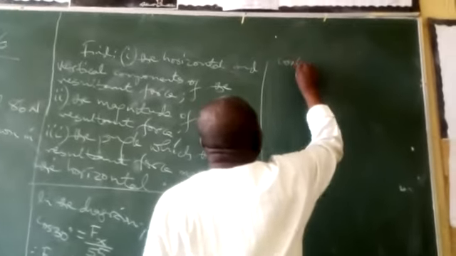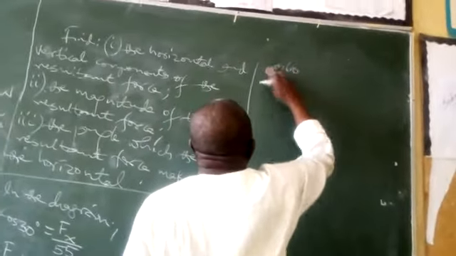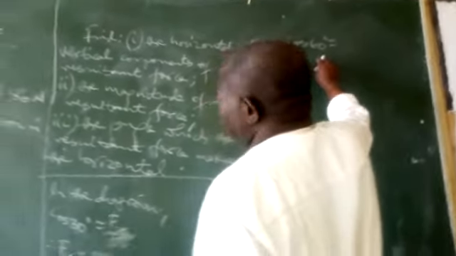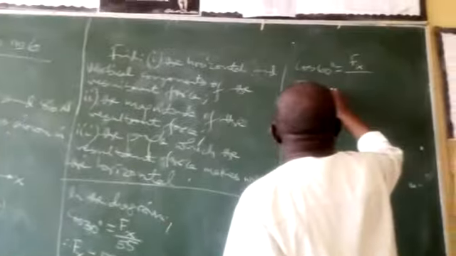So in that triangle, cos 60 degrees is equal to adjacent over hypotenuse. Adjacent in this case is also f sub x, then the hypotenuse is 86 Newton.